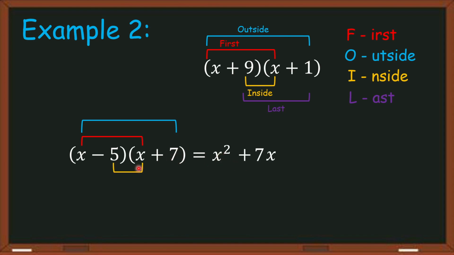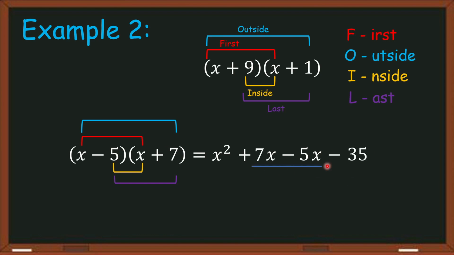And then, yung inside naman natin, so we have negative 5 times x. And negative 5 times x is equals to negative 5x. So, lagay lang natin dito, negative 5x. And then, yung last, multiply natin yung negative 5 times 7. So, the answer is negative 35. So, lagay lang natin dito, negative 35.